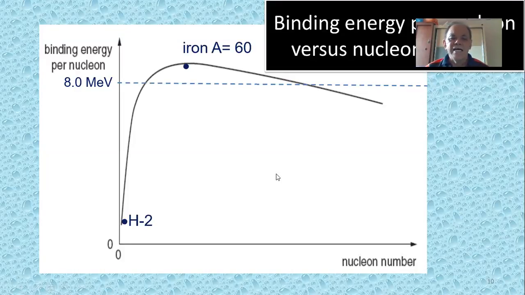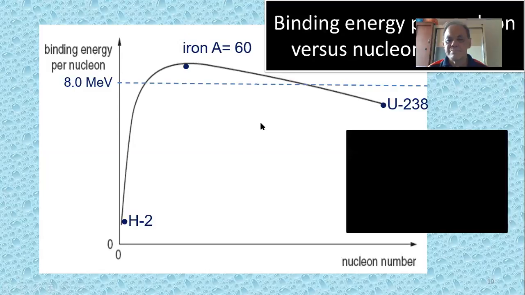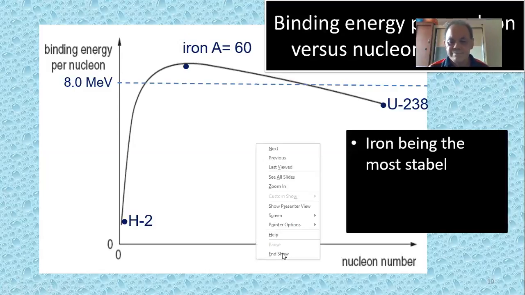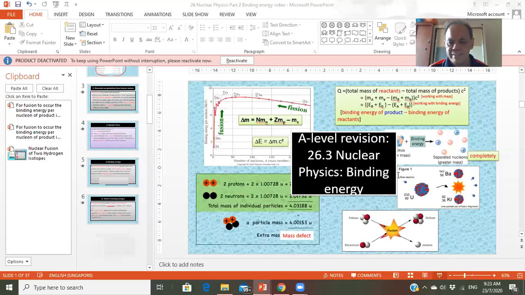The highest point, the maximum binding energy per nucleon, is iron, A equals 60, and uranium-238 is the last one. Iron is the most stable.